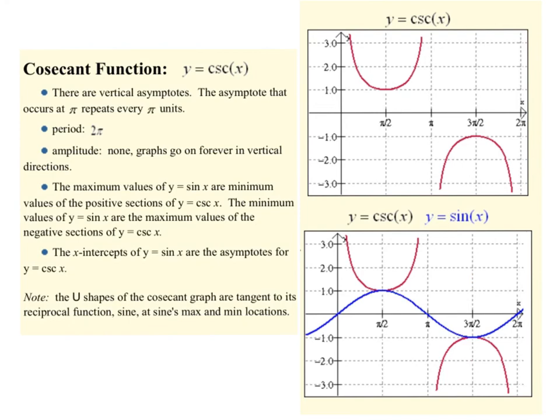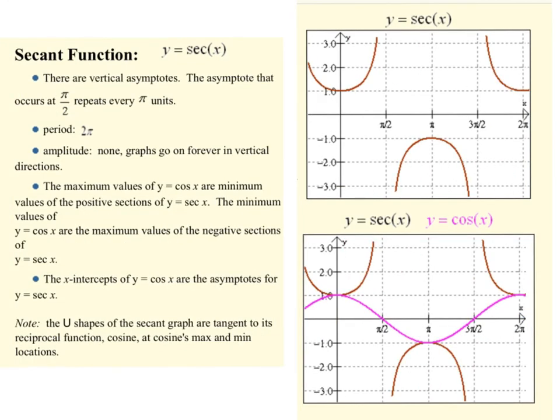And just like the last couple graphs, it doesn't have an amplitude because it's going to go on forever in both directions. And last but not least, we have the inverse of the cosine function, that is secant, and it's going to behave a lot like cosecant, right, with this kind of almost filling in the gap or writing on this wave here. It creates its own curve on top of this crest and this bottom point here.